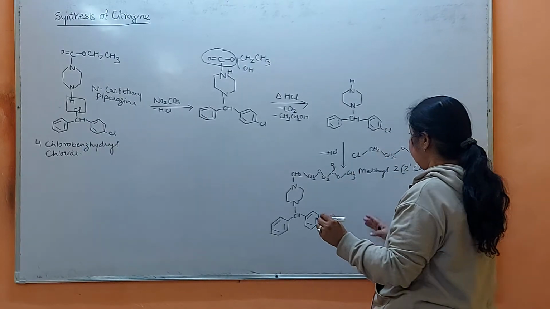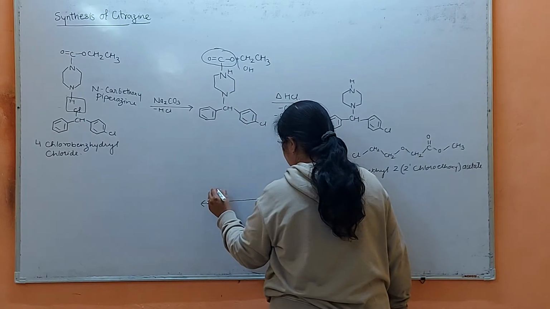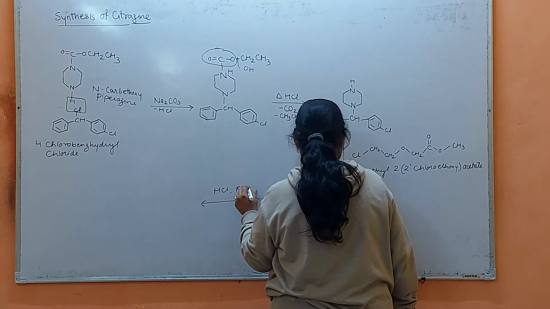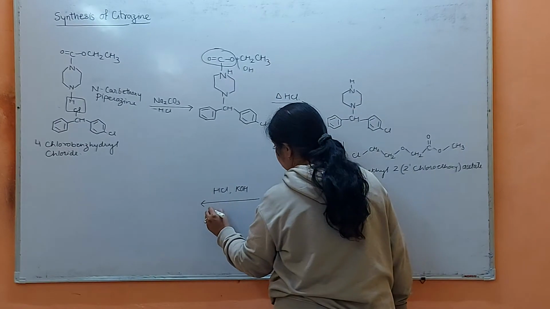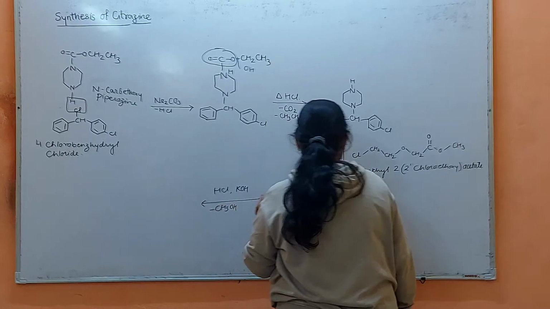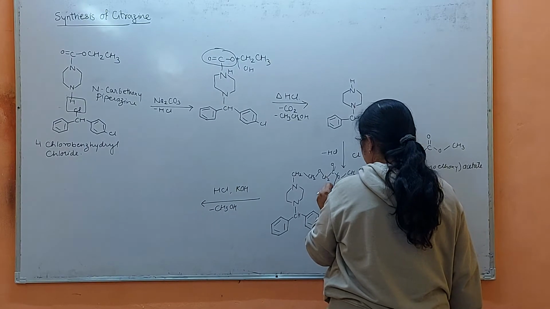Now see, we have to carry out hydrolysis in presence of HCl and KOH. Alright, so CH3OH will be removed. Now see here, H and OH.